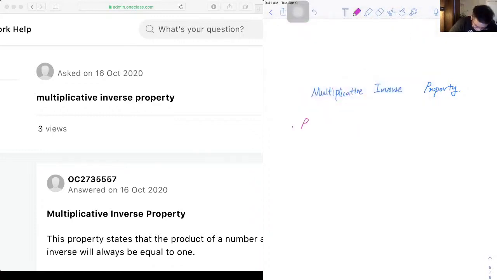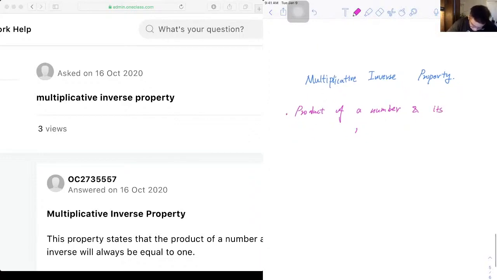Product of a number and its multiplicative inverse will always equal to 1. Okay, so that is the definition of this property.